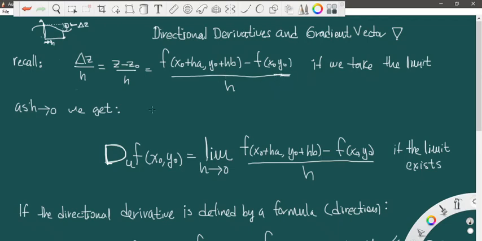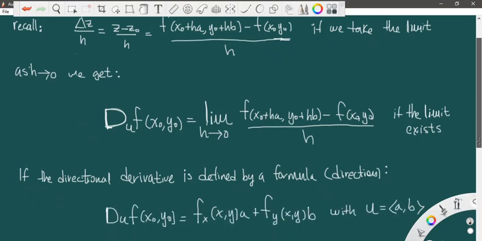So if we take the limit of this as h approaches 0, if the limit exists, we get this. And this is the notation for the directional derivative. It's capital D sub u f evaluated at x sub 0, y sub 0. And this directional derivative is equal to the limit when h is approaching 0 of this expression over here.